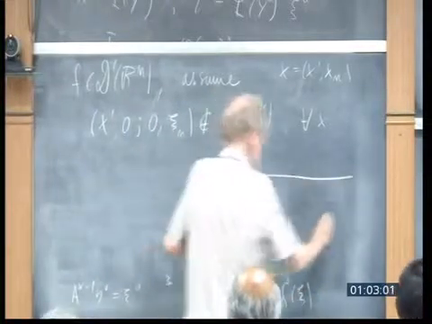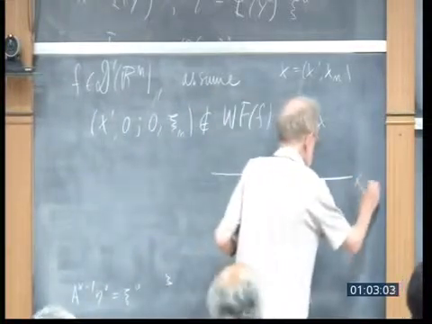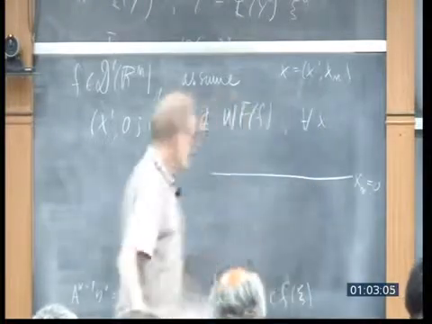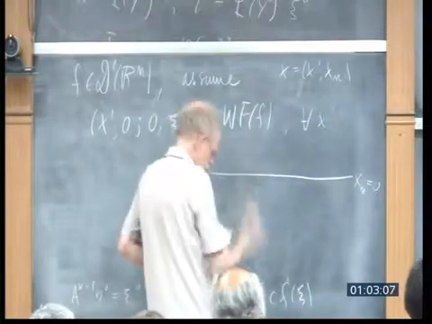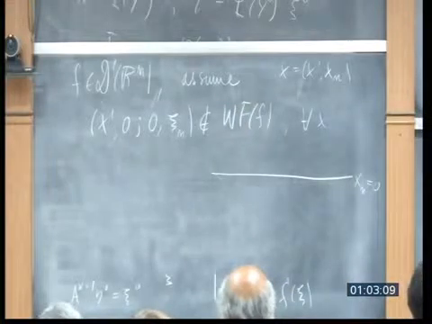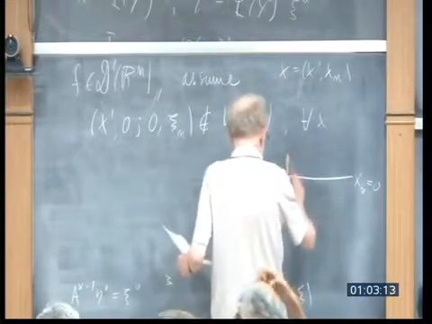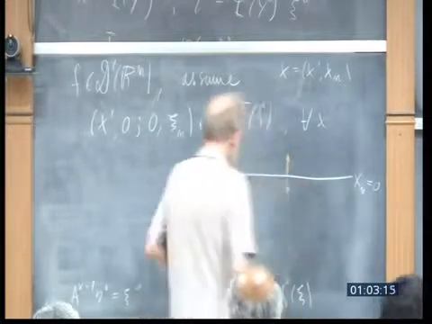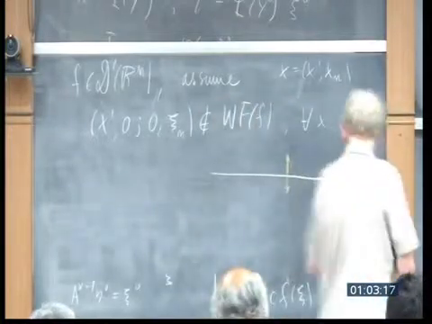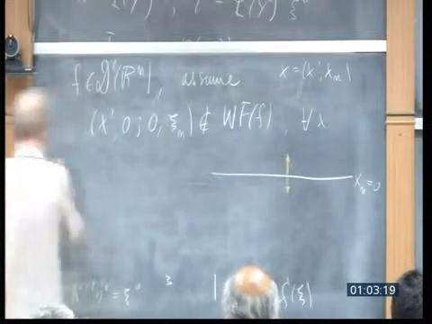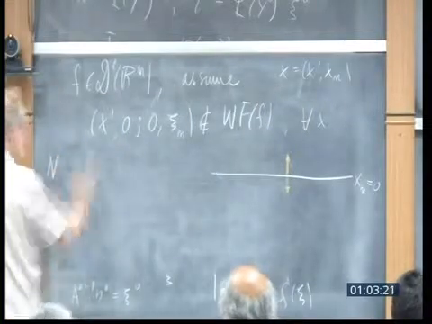I'm considering the submanifold xn equal to 0. And geometrically, what I'm assuming is that for all conormals, I'm going to use the geometric formulation of this.